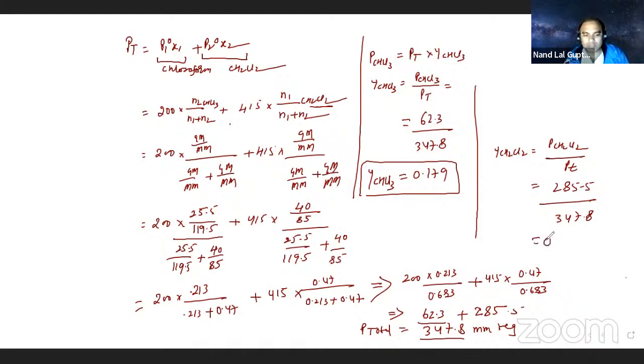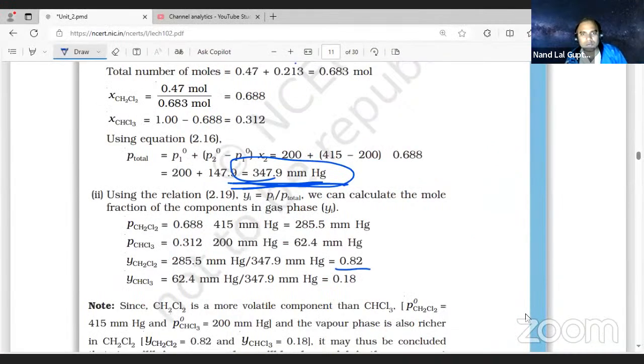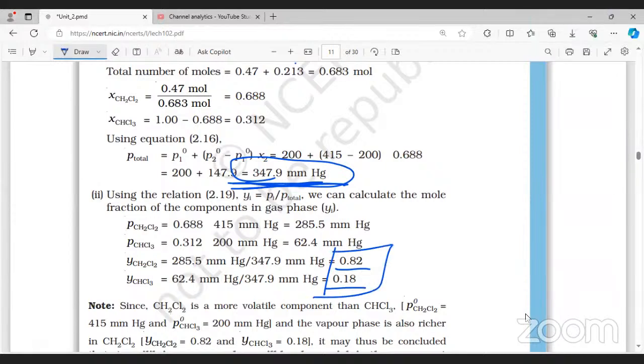So it is coming 0.820 for YCH2Cl2. So one is 0.179, another is 0.820. Now let us check back the answers here in the book. What is there? 0.82, 0.17. Is it correct or not? Yes, sir. Sure, understood.